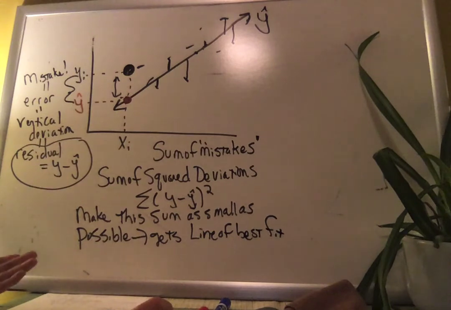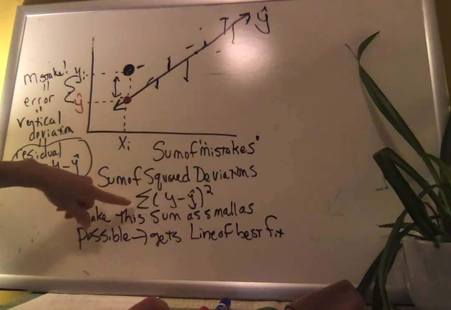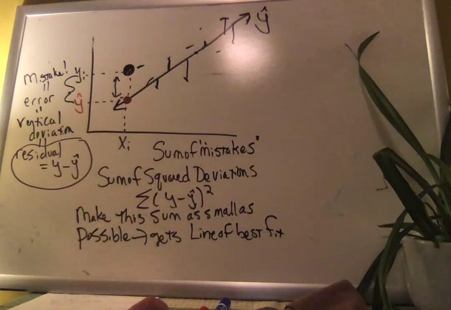Just for that red, blue, and black line that I had put up, if you could go calculate the sum of the residuals and pick the line that has the smaller pile. It's like we're throwing all the mistakes into a pile and we're picking the line that has the smallest pile.